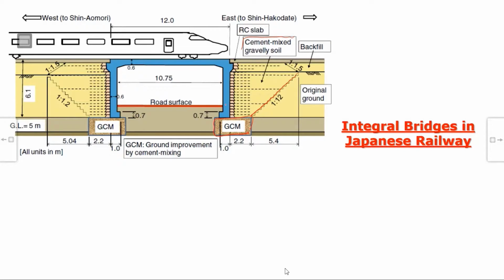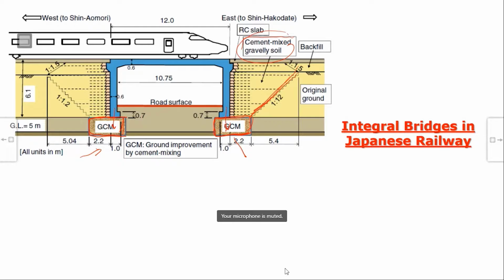Basically, the idea is, what load comes here, to have a little bit more bearing capacity of the ground as compared to this, to improve this bearing capacity. So what we were giving as leveling pad has been made a little bit thicker. This also is cement mixed gravelly soil in this select fill, and here also.